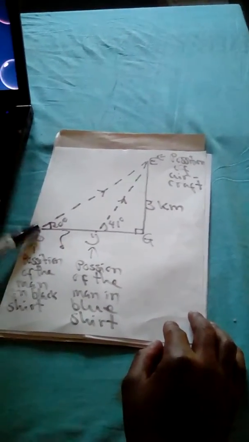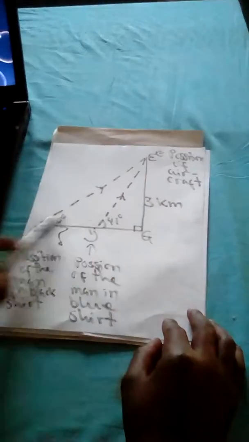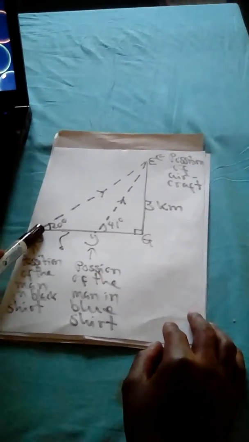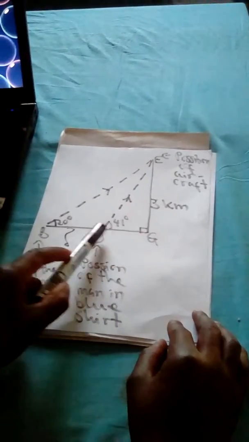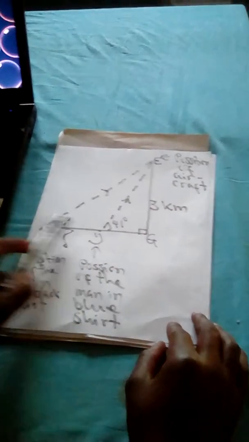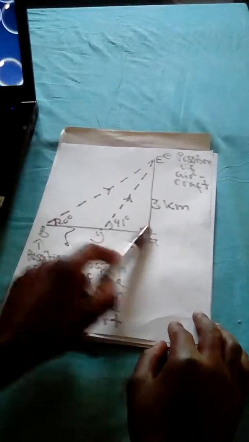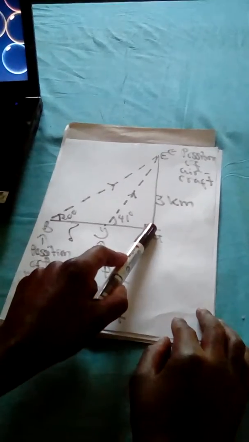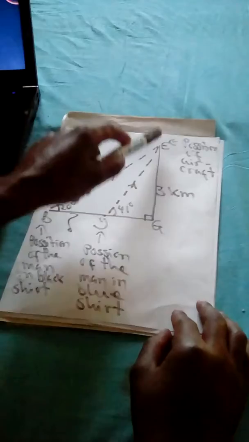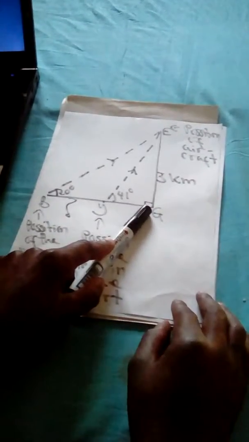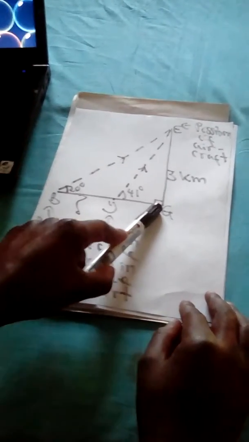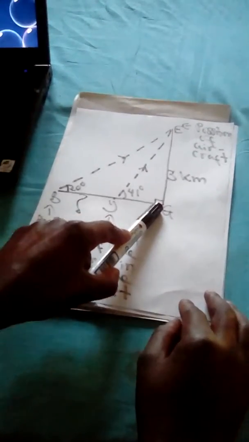This line shows the horizontal line of sight of the man in black to the point right below the aircraft, and this line shows the horizontal line of sight from the man in the blue shirt to the point right below the aircraft. This line here, you may call it line EG, is the height of the aircraft above the eyes of the two men who are observing the aircraft.